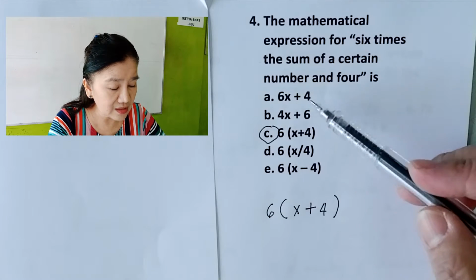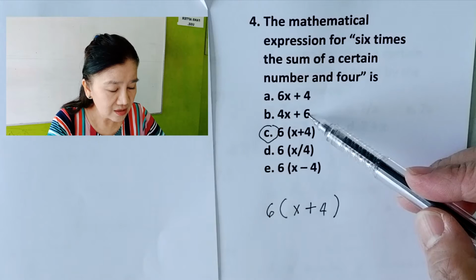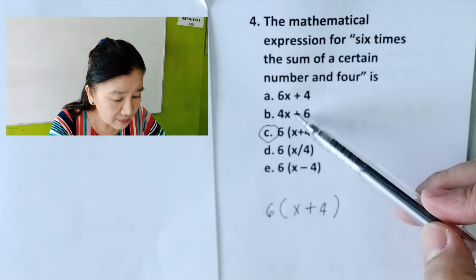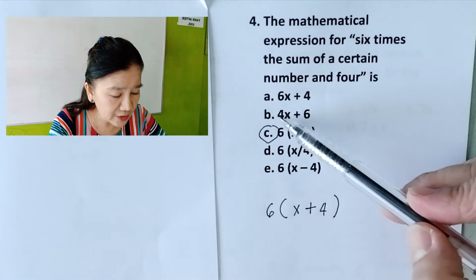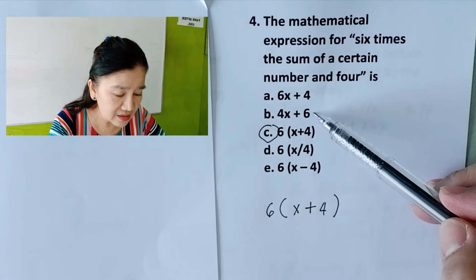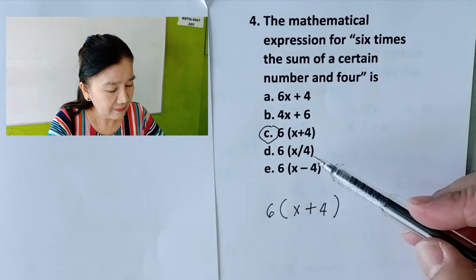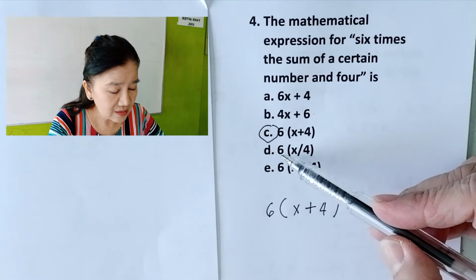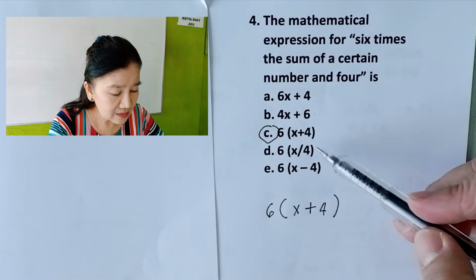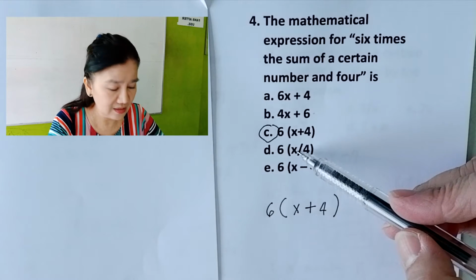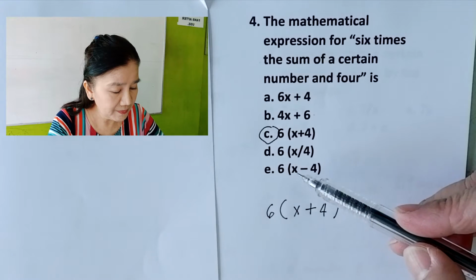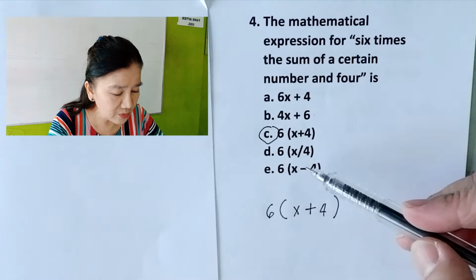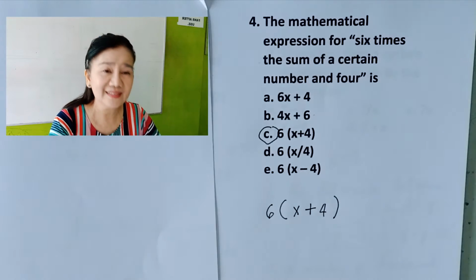Letter B is the same thing, 6 added to 4 times x, or the sum of 4 times a number and 6. Letter D is 6 times 1/4 of x. And letter E is 6 times the difference between a number x and 4.